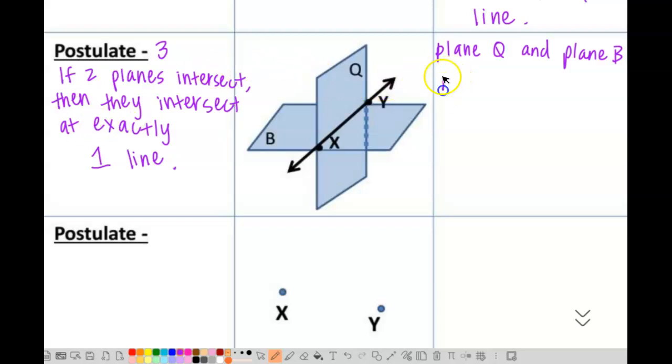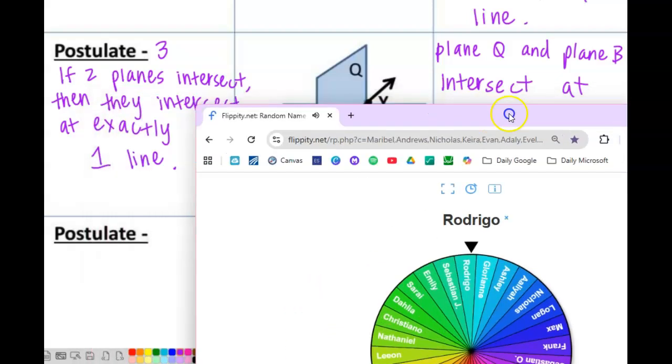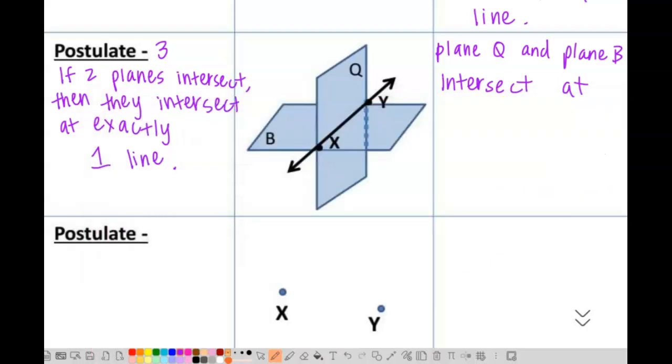Intersect at. Rodrigo, were you here yesterday? Okay. Can you give me the name of the line where they intersect? So they're intersecting here, right?